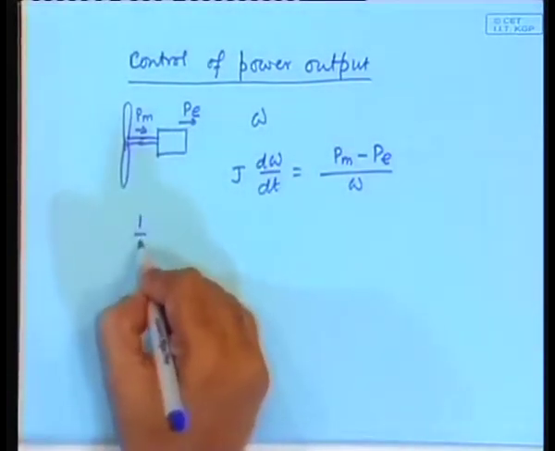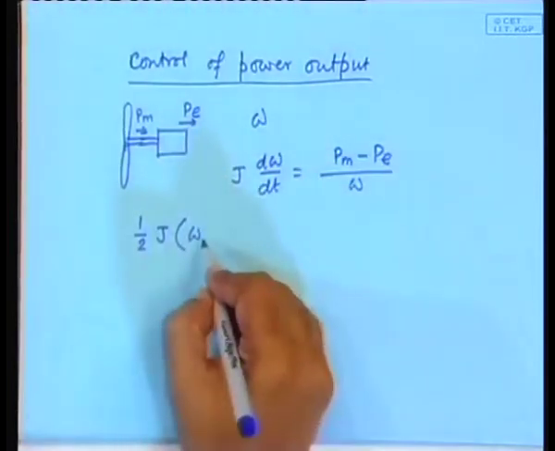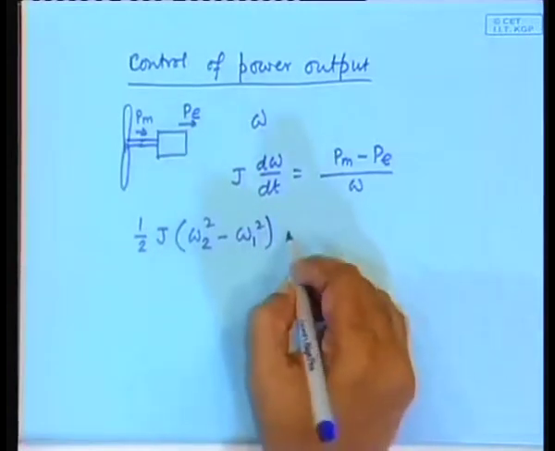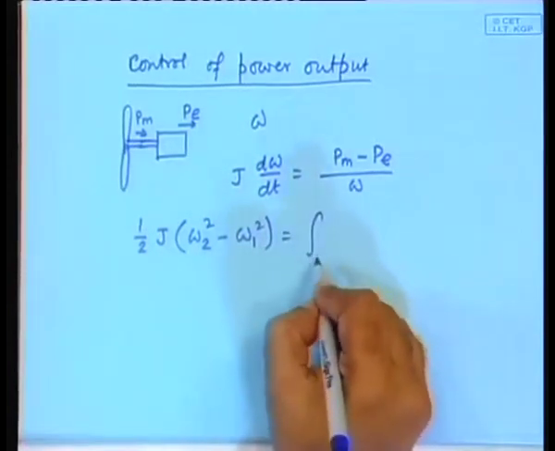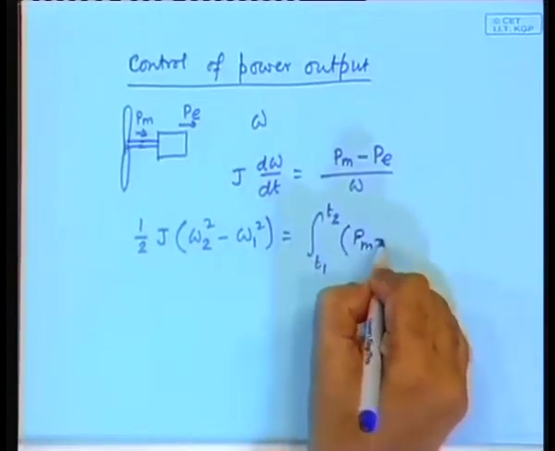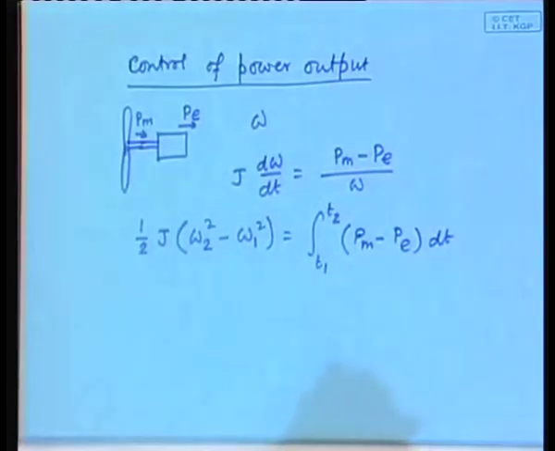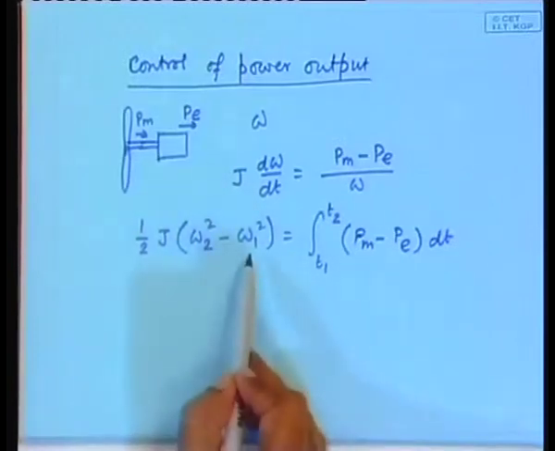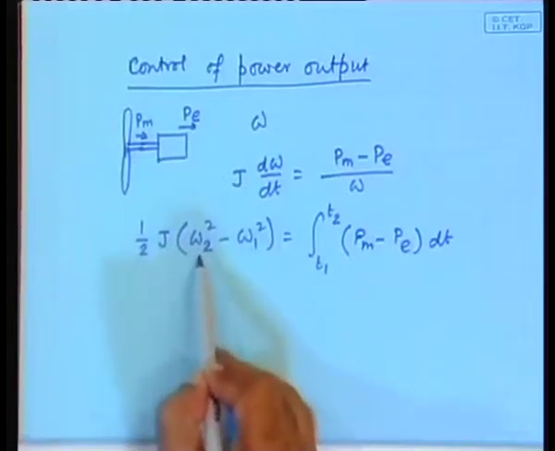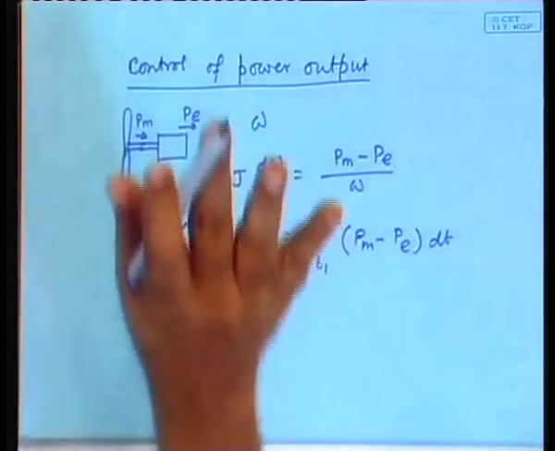You will write half J times omega 2 square minus omega 1 square, over a time period of T1 to T2, equal to the integral of (Pm minus Pe) dt. So, if you allow this to be positive, after some time the speed will change from omega 1 to omega 2 and you will have a larger speed.